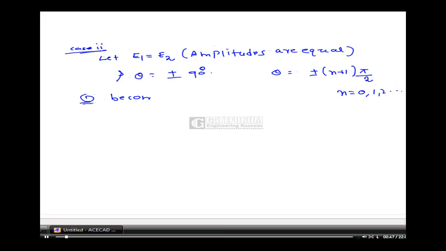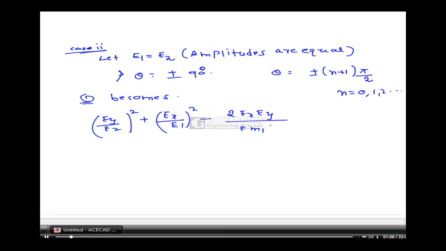Then what happens to equation 1? Equation 1 becomes (Ey by E2) whole square plus (Ex by E1) whole square minus 2 Ex Ey by E1 E2, cos 90 is 0, into 0, is equal to sin 90 square, which is 1.